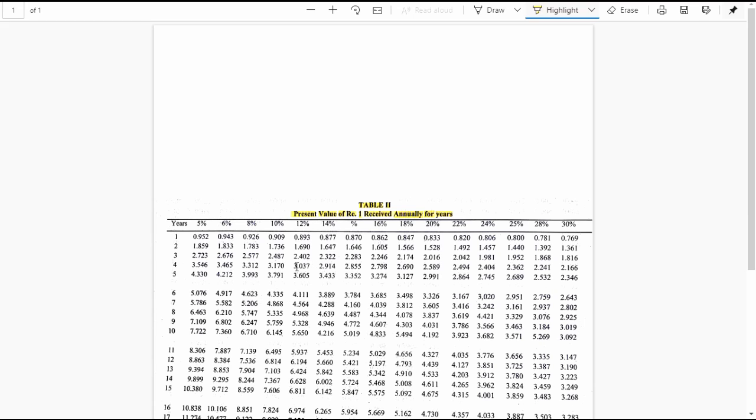See here. At 12% it comes to 3.037. At 10% it comes to 3.170. So obviously the IRR for project A should lie in between 10 and 12% because our targeted value of factor is 3.14. That is why they clearly said the factor to be located helps us to understand that IRR for project A lies between 10 and 12%.